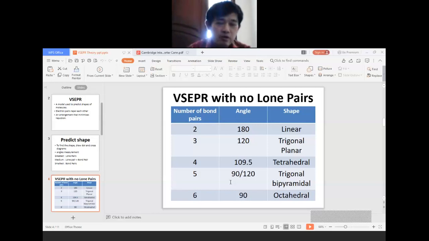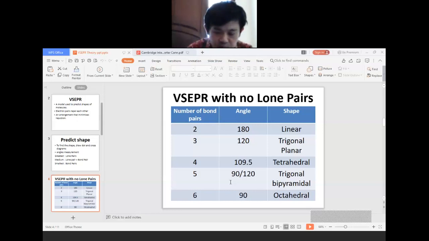You draw on your paper the dot and cross diagram of carbon dioxide. Carbon on the right hand side makes a double bond with oxygen. On the left hand side, the carbon makes a double bond. This diagram is different from BeF2.